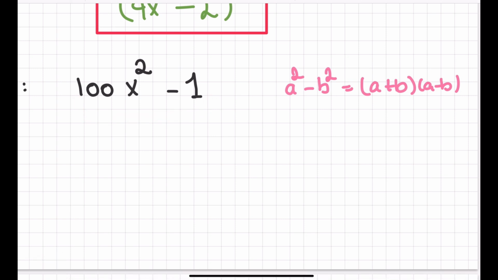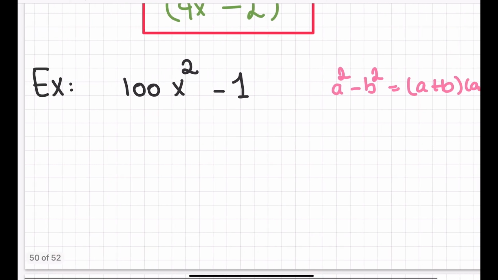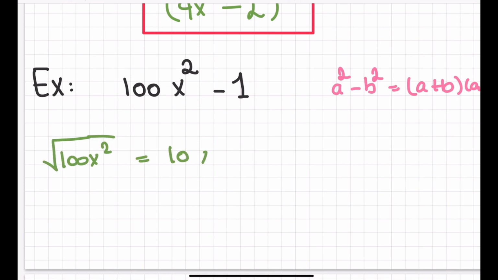Alright, so 100x squared, let's take a square root of that. 100x squared equals 10x. So this is my a. And then square root of 1 is also 1. So this is my b.